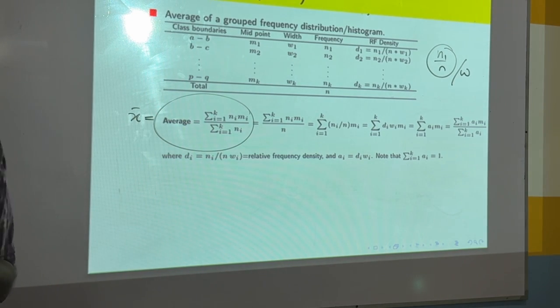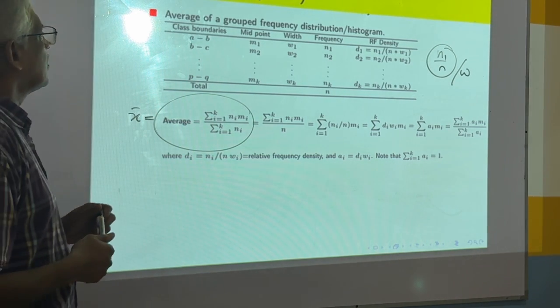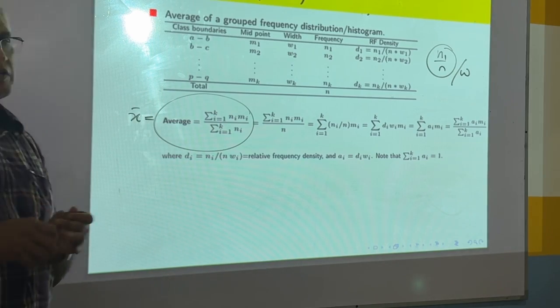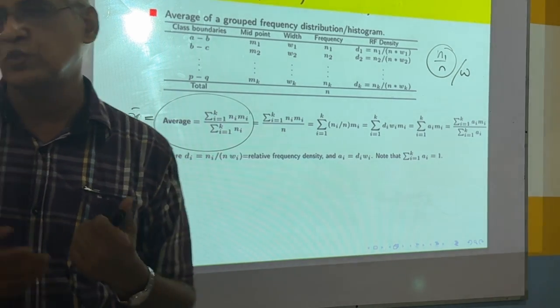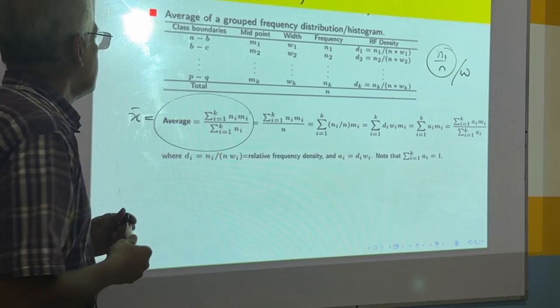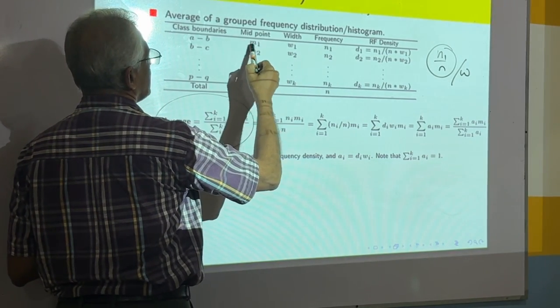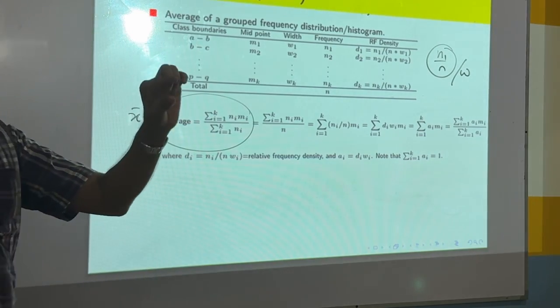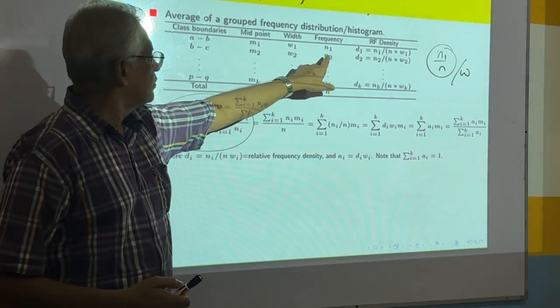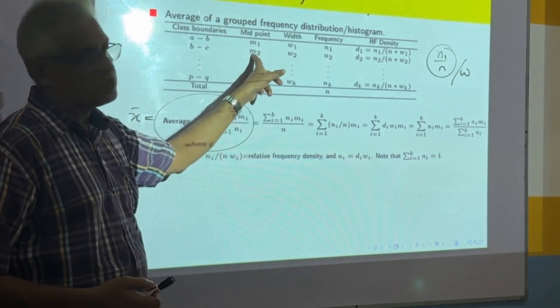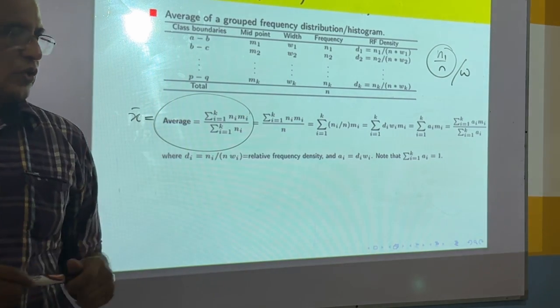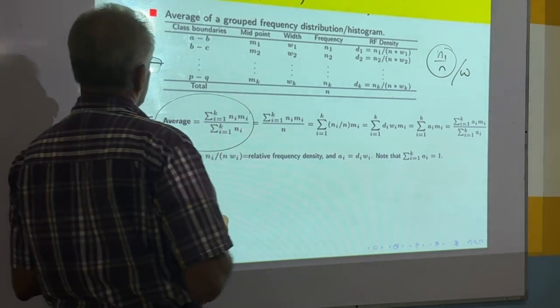So you have to make an assumption that you represent all those values in that interval by one number. That's the only thing we can do, right? We cannot do more than that. So we are going to assume that all those N1 values are equal to M1, the middle value, and that these N2 values are equal to M2. If you assume that, then you can easily find the average.